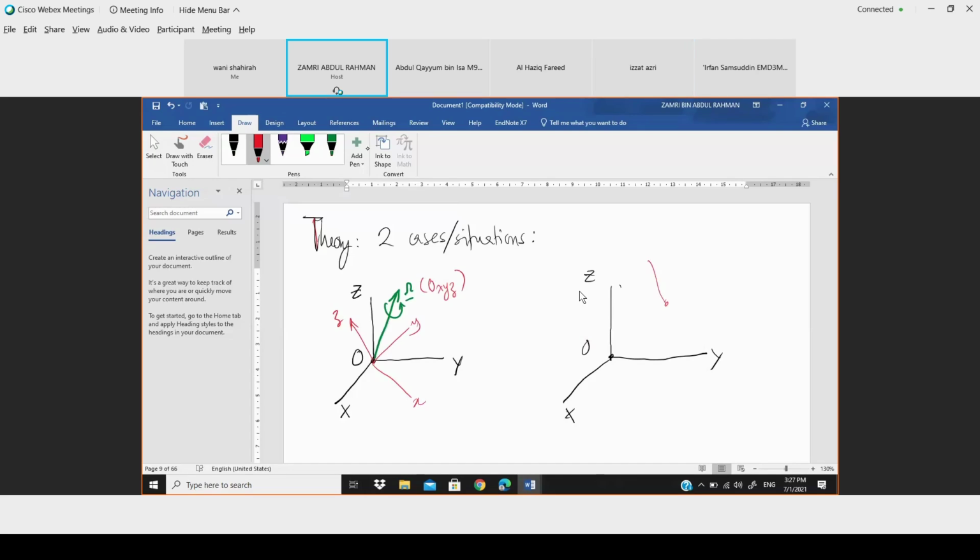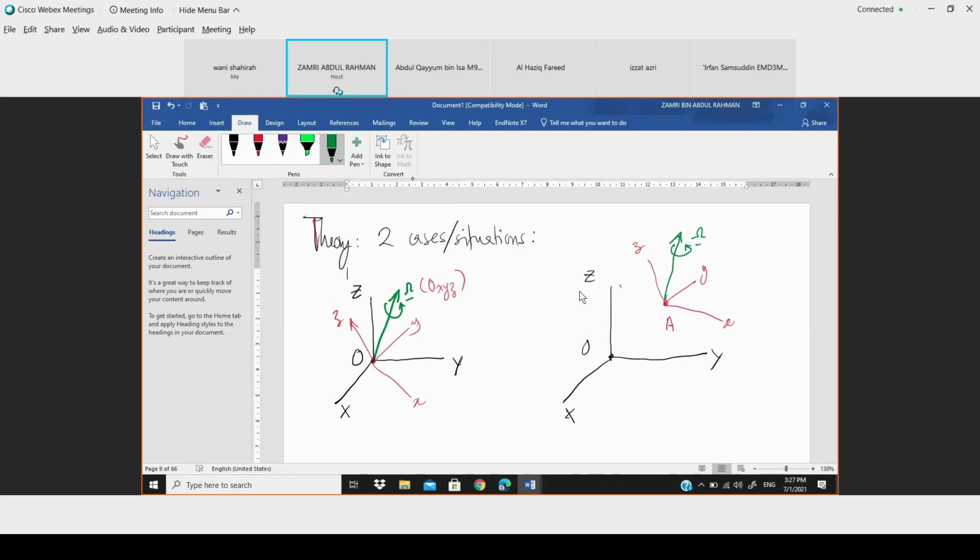So, say we have X, Y, Z at some point in space, which is A. So, this one will have its own angular velocity, omega.